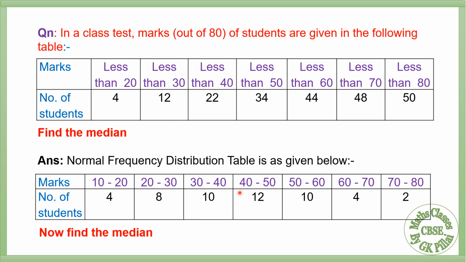Now 30 to 40 will be 22 minus 12, 10. Because less than 40, 22 students got, but less than 30, 12 students got. So the difference between these two will be for 30 to 40, and so on. See here, 70 to 80 will be 50 minus 48, 2 only. So you will understand this. After that you can find the median, mean, or anything.